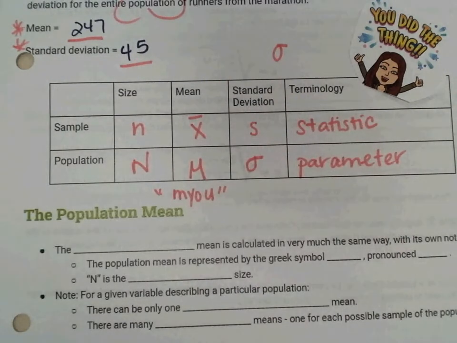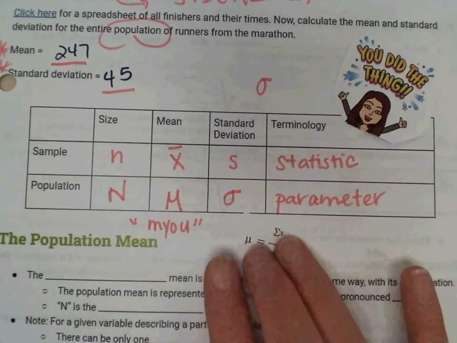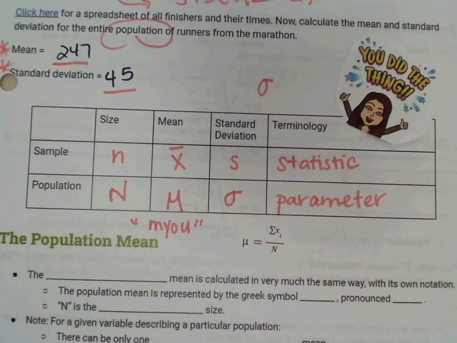There's the little formula, there's the 'you did the thing' Bitmoji, and there's the Z-score rectangle. These are going right here and right here.